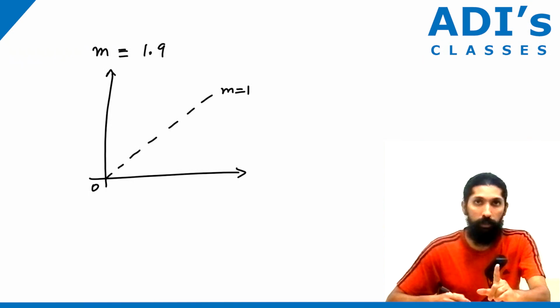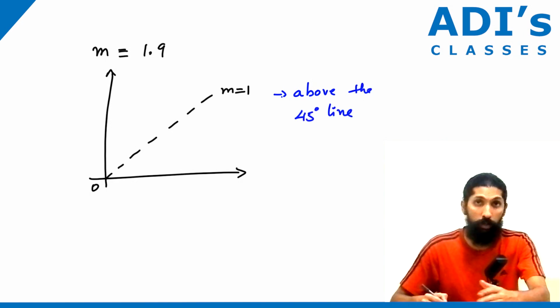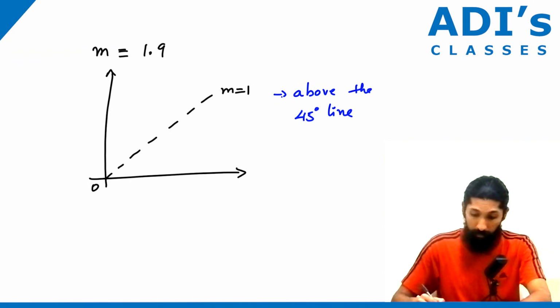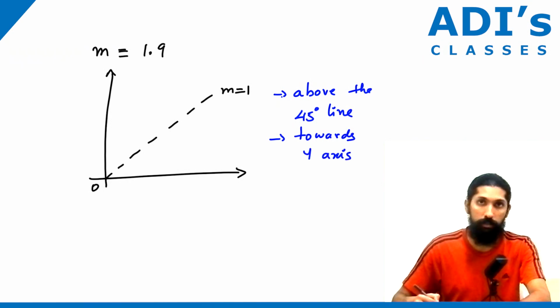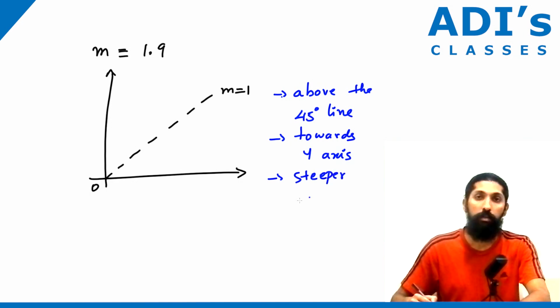This is one way of telling. That means we can say the line is above the 45 degree line. Another way of telling is that the line is towards the y-axis. Or another way of telling is that the line is much steeper compared to the 45-degree line.